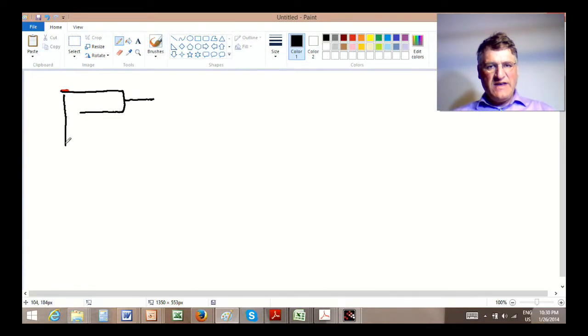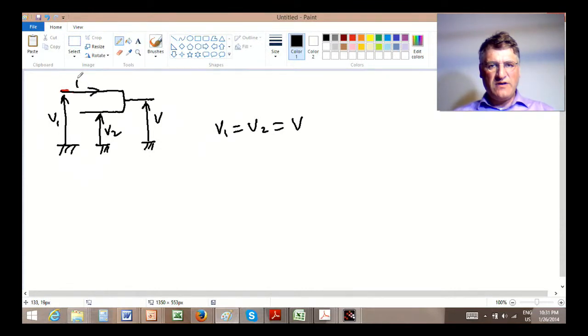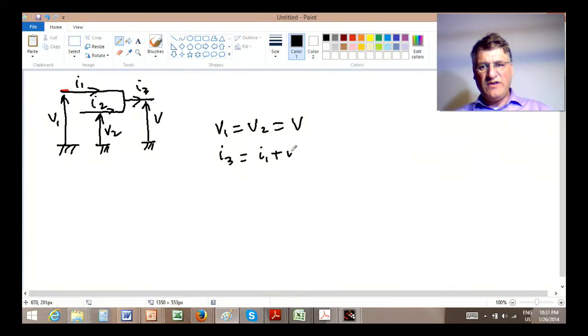Then the voltage across the first line, the voltage across the second line, and the resulting voltage V must all be equal. The current I1, the current I2, and the current I3 satisfy I3 is equal to I1 plus I2.